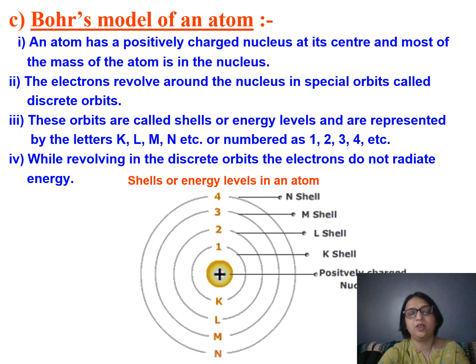These orbits are called shells or energy levels and are represented by the letters K, L, M, N, etc., or numbered as 1, 2, 3, 4, etc. While revolving in the discrete orbits, the electrons do not radiate energy. You can see K equals 1, L equals 2, M equals 3, and N equals 4, and so on.